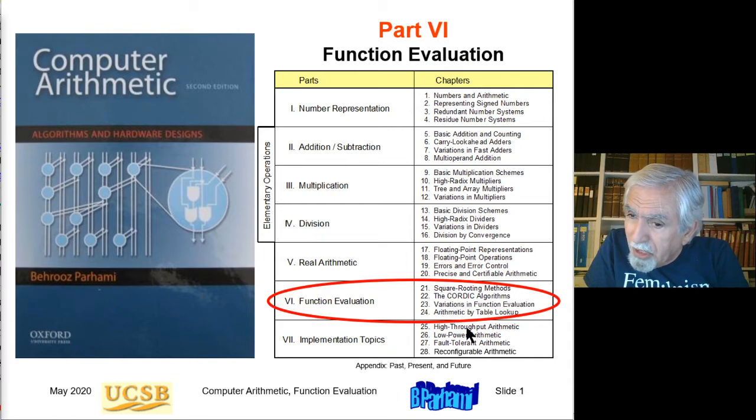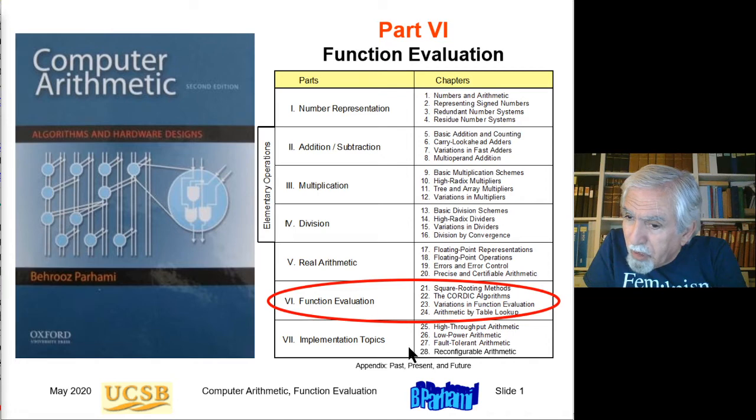In fact, the entire Part 7, implementation topics, is excluded from coverage in this course. If I get an opportunity, I may actually record lectures for these other chapters and just include them as additional information for reference, not required for this course.